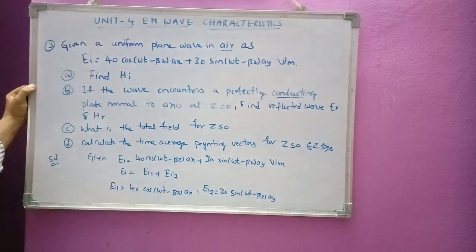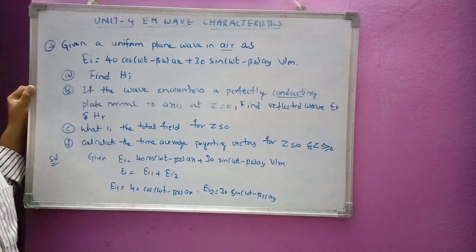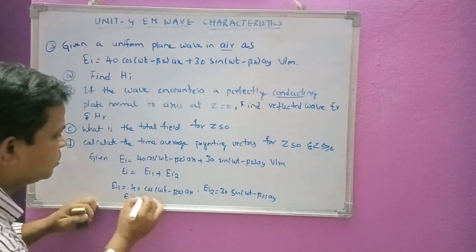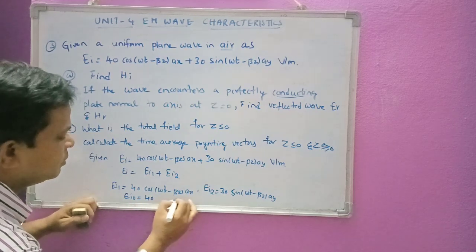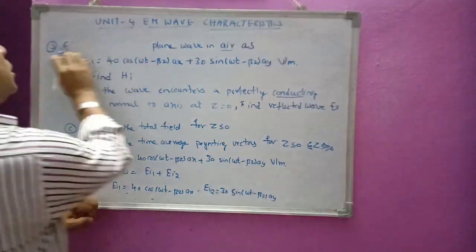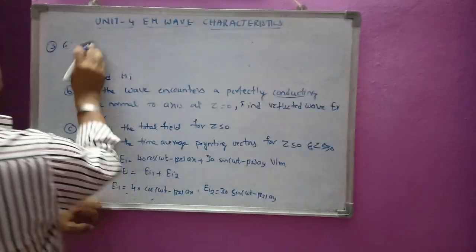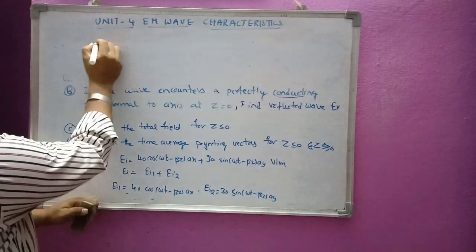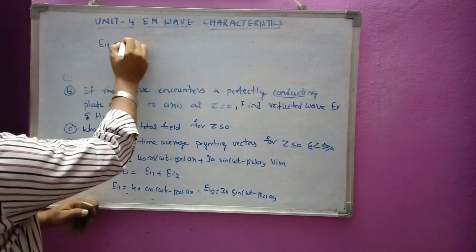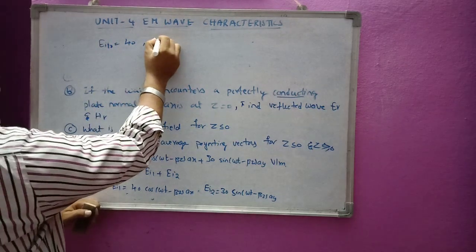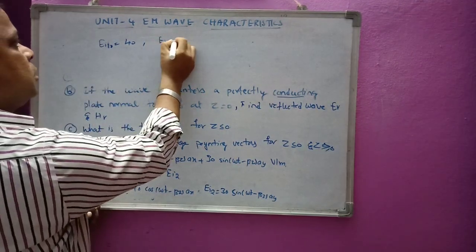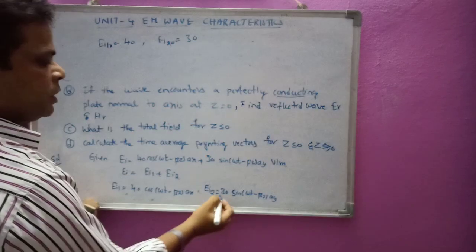Now similarly, let me write EI0 here. The magnitude of EI10 is 40 and EI20 is 30, the magnitudes here.